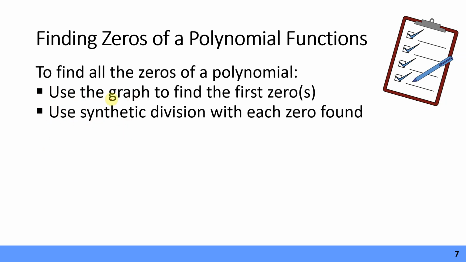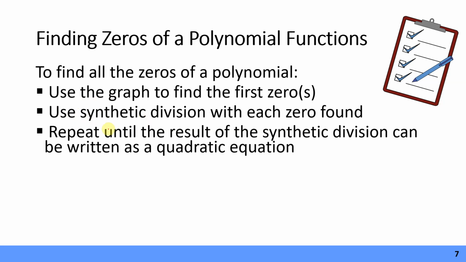So if the graph only gives us a certain amount of zeros, we're going to have to find the other ones by using synthetic division. So step two, use synthetic division. Step three, we're going to repeat the synthetic division until the results of the synthetic division can be written as a quadratic equation. Again, if this doesn't make sense, don't worry. We're going to be doing an example in a bit.